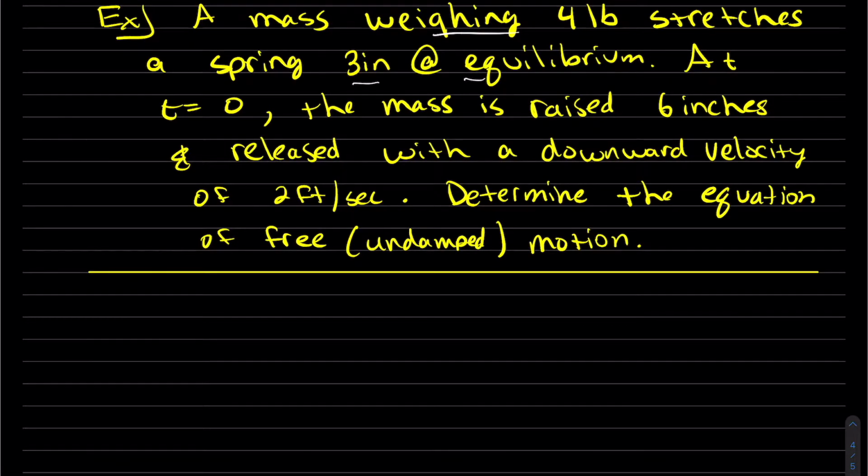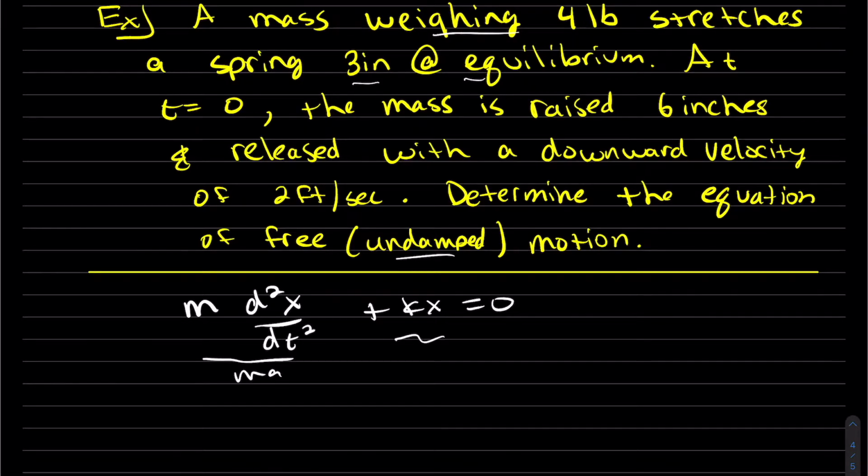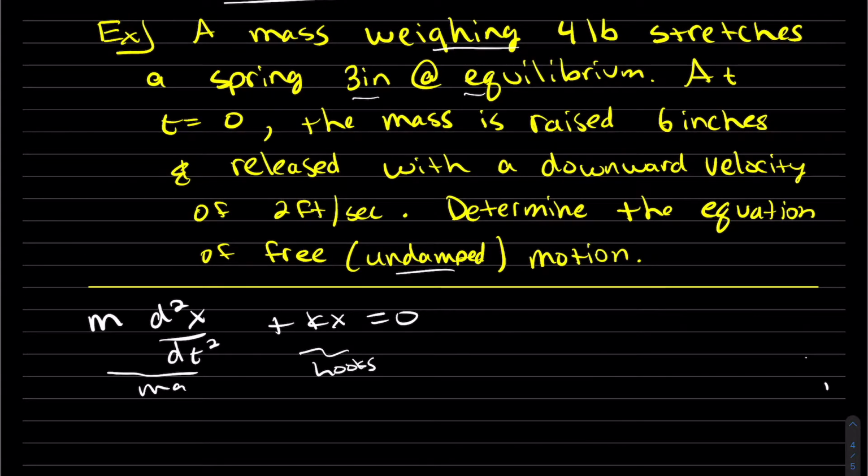Okay, so this is undamped motion, so it's just the formula we just used: m d squared x, the acceleration, plus kx equals 0. And this is our ma, and this is our Hooke's law. And also at t equals 0, the mass is raised 6 inches.